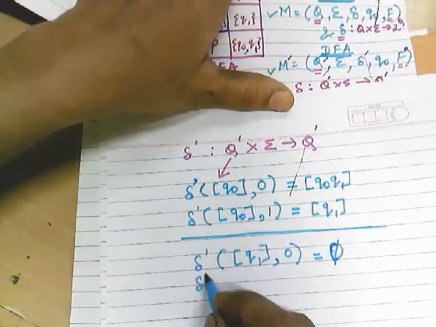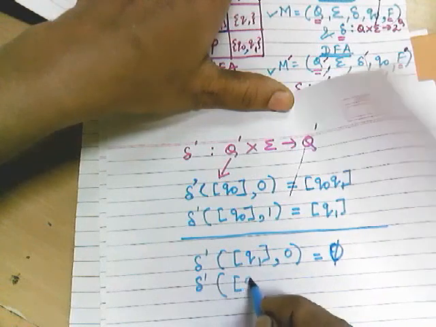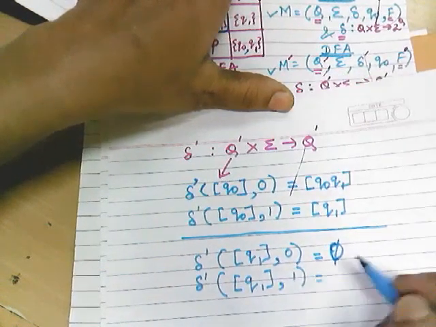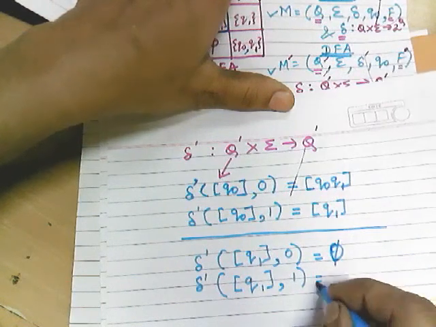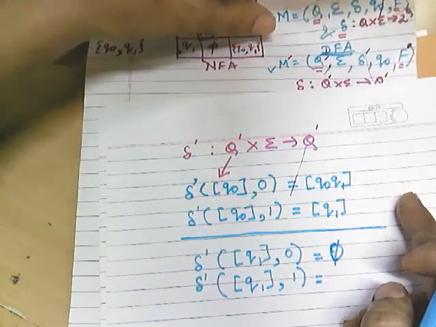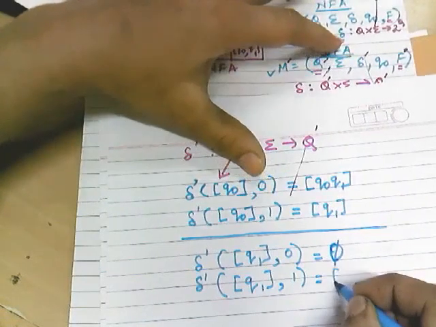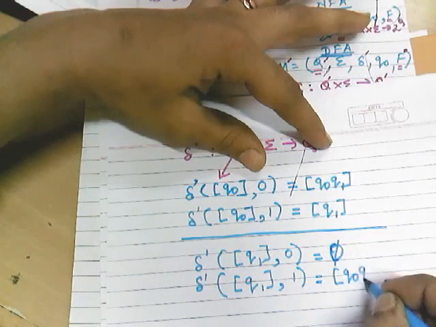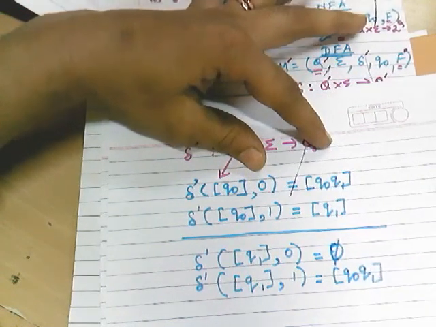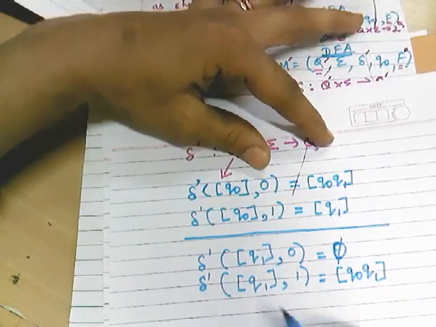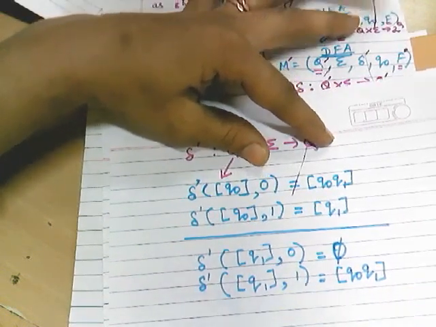Next, delta dash q1 comma 1 is going to give me q1 on 1, which is moving to both q0 and q1, but I can't write it that way. These are two different states, so it is a single state named q0 q1. Okay, so the turn of this is also over.